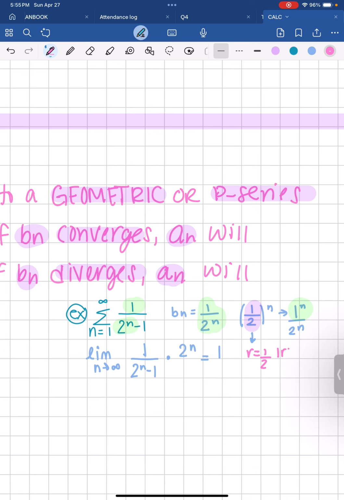The absolute value of r is less than 1. So we are going to converge by the geometric series test. So a sub n converges by the LCT. Because remember, whatever b sub n does, a sub n does, as long as we show that the limit equals a number greater than 0.